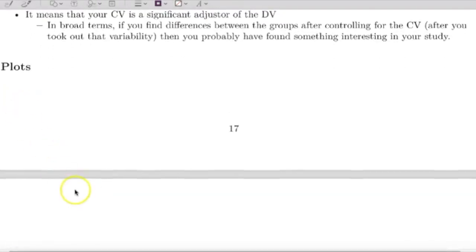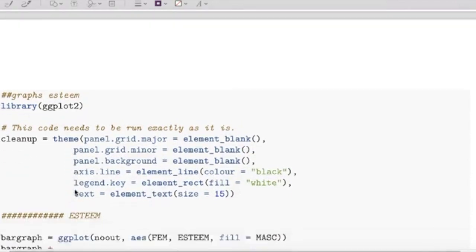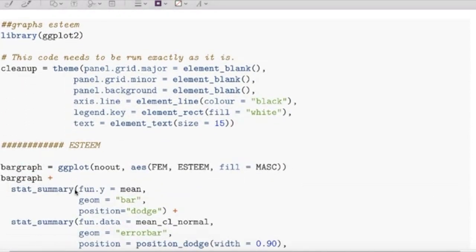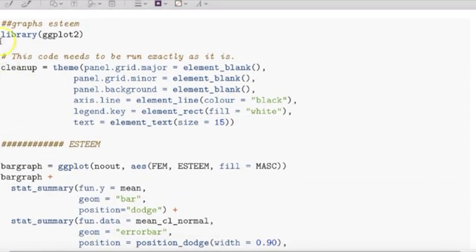So the next thing we're going to do is plot, and you're not really responsible for knowing everything in this piece of code. I can tell you I'm using the library ggplot, and we're going to talk a little bit more about it in the theory data lecture in the middle of the semester.